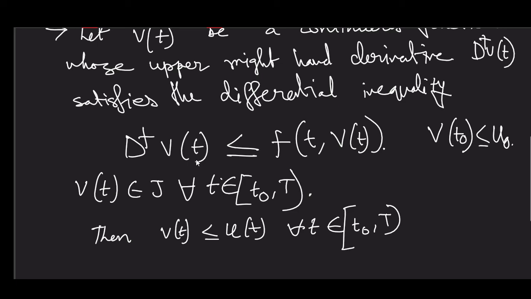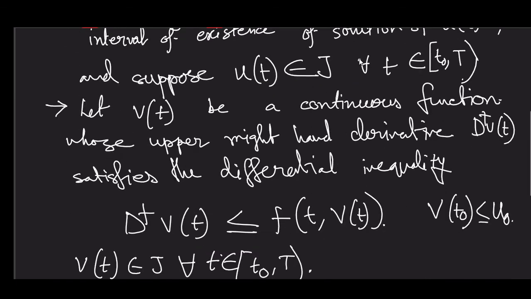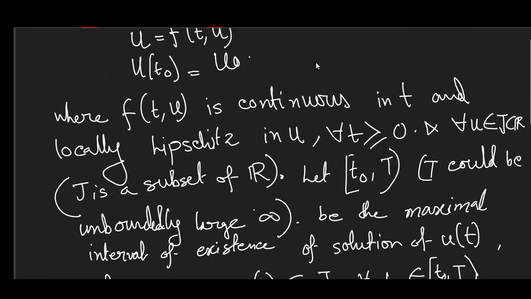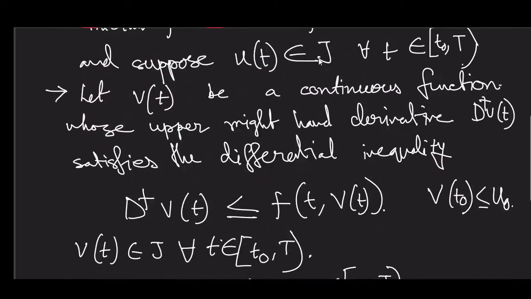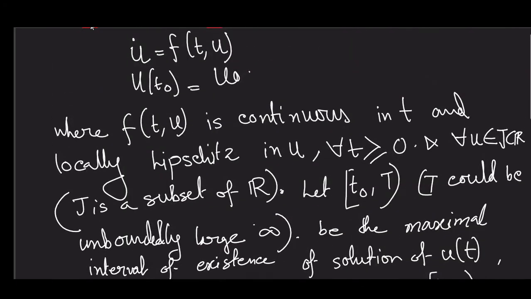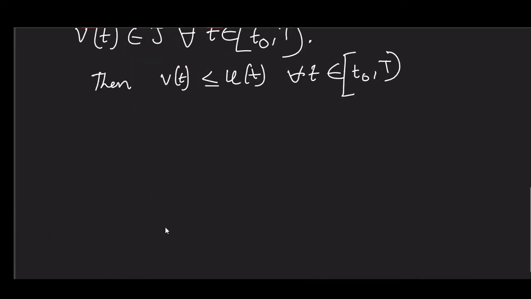So before we do anything, let us try to understand the evaluation of the upper right hand derivative. As none of us are mathematicians, let us rely on an example and try to calculate how we can figure out the upper right hand derivative of a function.